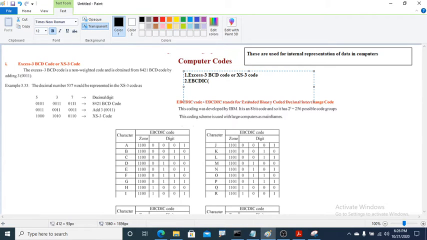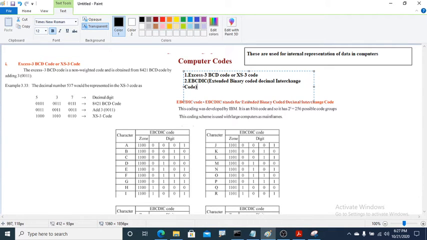E means extended, B means binary: extended binary coded decimal interchange code.